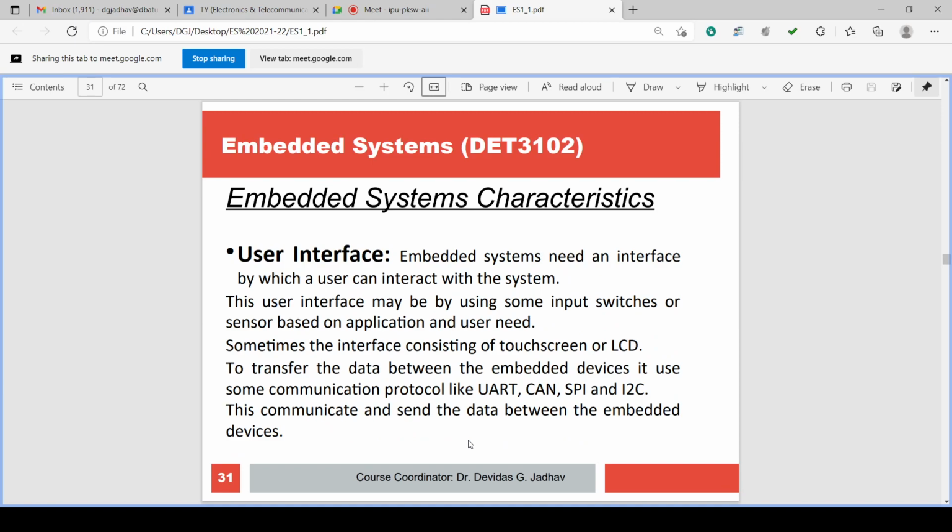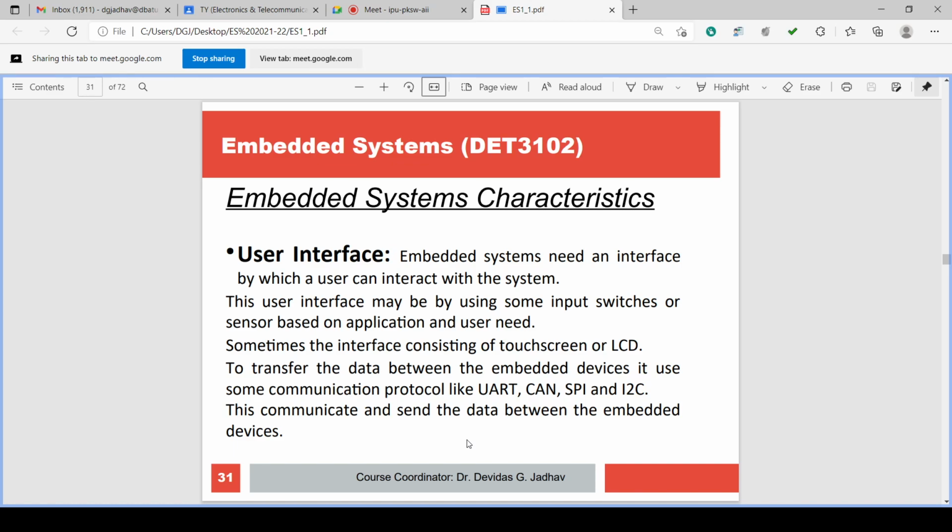User interfaces are there, for communicating from the microcontroller to the user and from the user to the microcontroller. Keyboard is there, display is also there. Similarly, from one microcontroller to another, one embedded system to another embedded system, there are protocols.